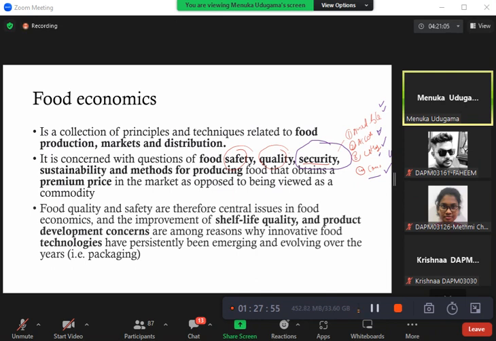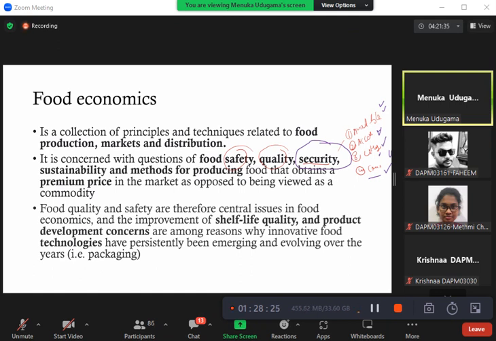To be food secure, all these four dimensions should be fulfilled. We call it food insecure now, right? We know what we are going through these days. We don't have money to purchase, or even if we have money, the products are not there. So now our food security levels have gone down because of these issues, right?